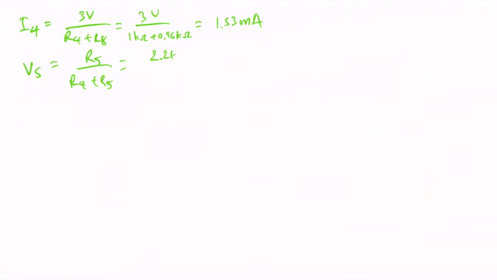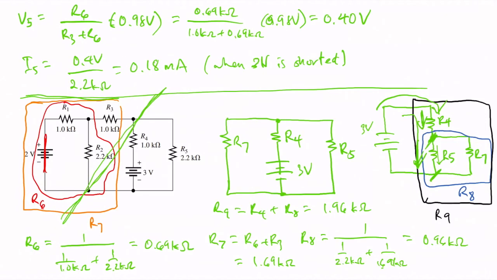R5 is 2.2 kilo ohms, R4 is 1 kilo ohm, plus 2.2 kilo ohms, times 3 volts. And that will give us 2.06 volts. So the voltage across this junction is 2.06 volts.